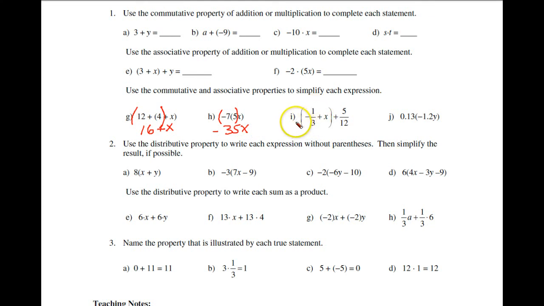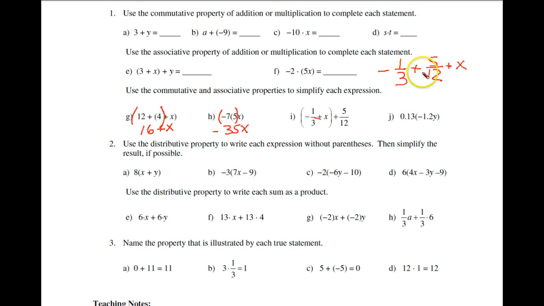And for this one, what we're going to do is take the negative 1/3 and then switch these around here, and a plus 5/12, and we have a plus x out there.